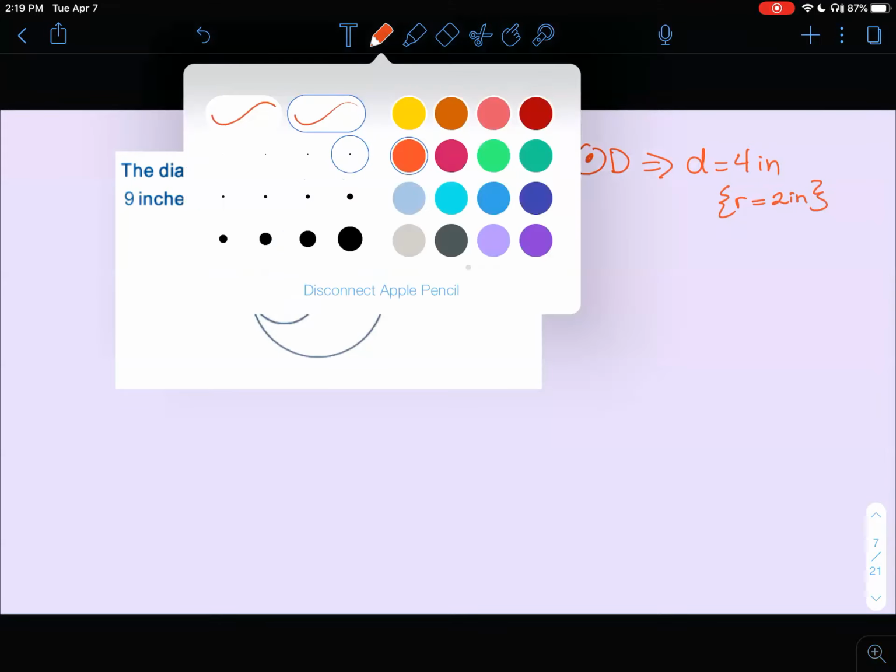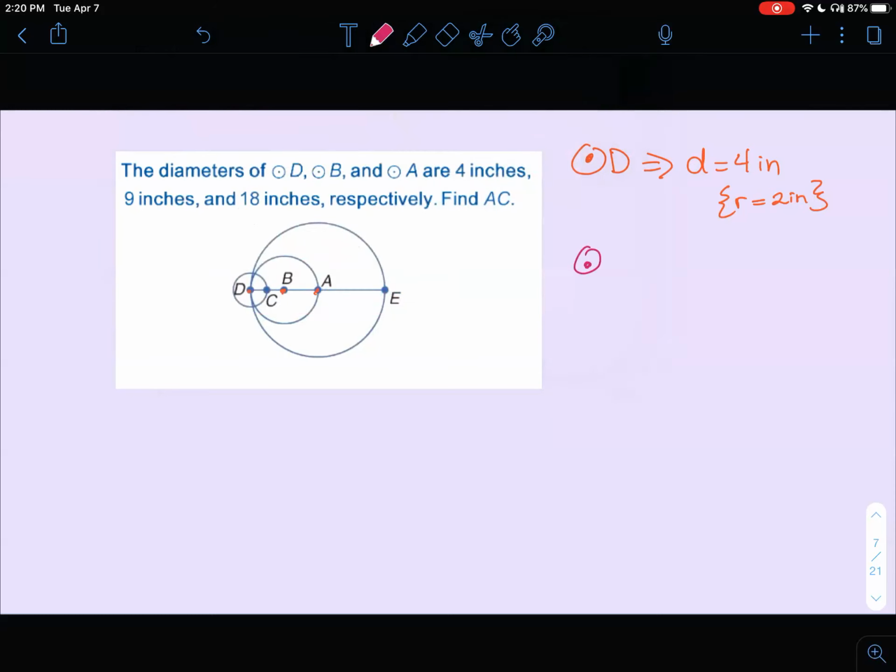And then we have circle B has a diameter of 9 inches. So again, for him, his radius is going to be half of 9, which is 4.5 inches.